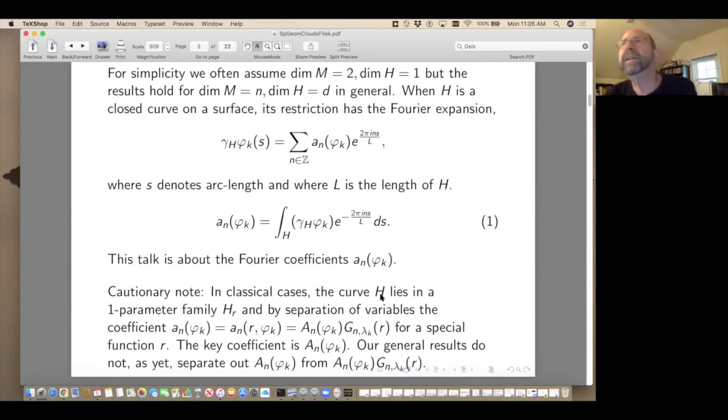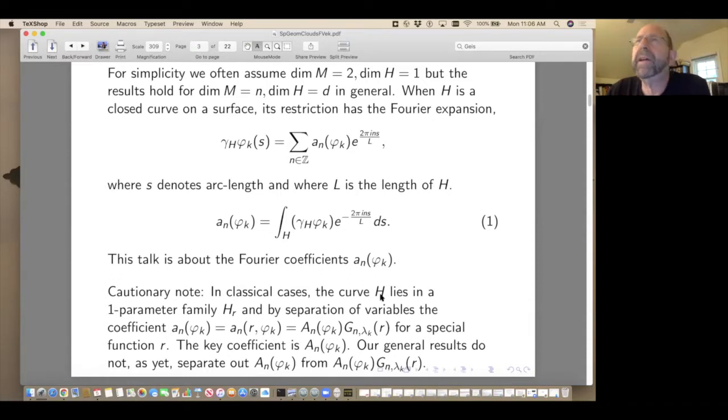Rather, the curve H is often a member of a one-parameter family of curves. And in the most standard classical cases, you can separate variables. So if r represents a distance from H, H could be a point, or H could be a circle centered at a point, or H could be a closed geodesic or a horocycle.